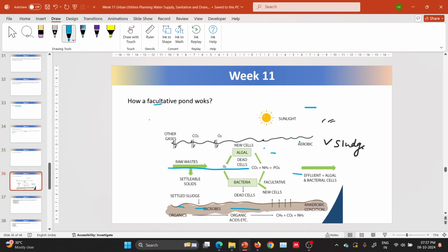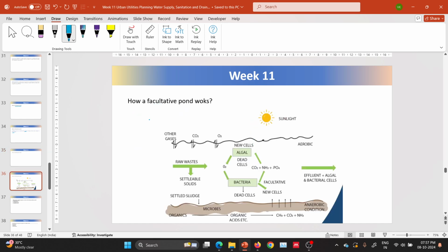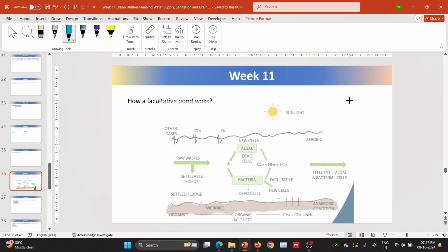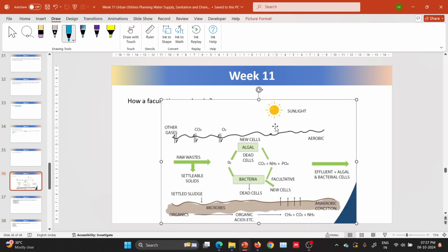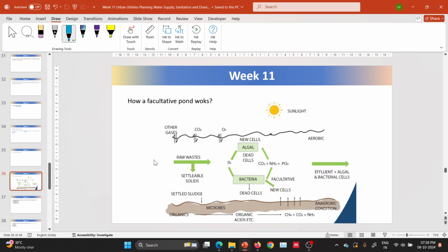How does a facultative pond work? So let's see it here. This is how the facultative pond works. The sewage is discharged here and some part will settle at the bottom.